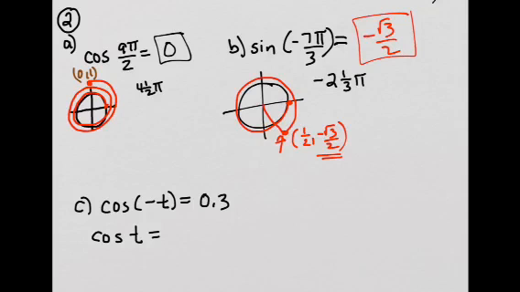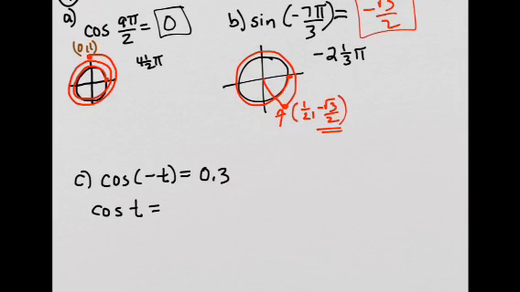Okay. Now for letter C, it talks about the even-odd properties. I'll go over this in class a little bit more in depth, but if you have a positive angle, the sign would be plus plus. If you have the same measure angle but in the negative direction, you have plus minus. So notice, cosine is the x, right?